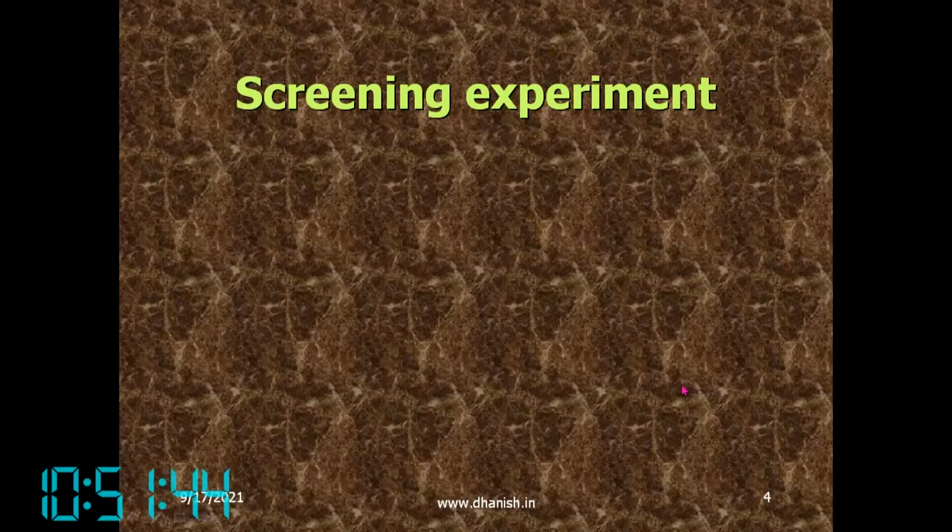Okay, so we start with what is called a screening experiment. The purpose of a screening experiment is to identify which are the most important factors. Initially we have started with 6 factors. It is not likely that all the factors are equally important. When we start studying a system, there will be a large number of factors, and we are not sure whether they have an effect or not. So we try to identify the most important factors.